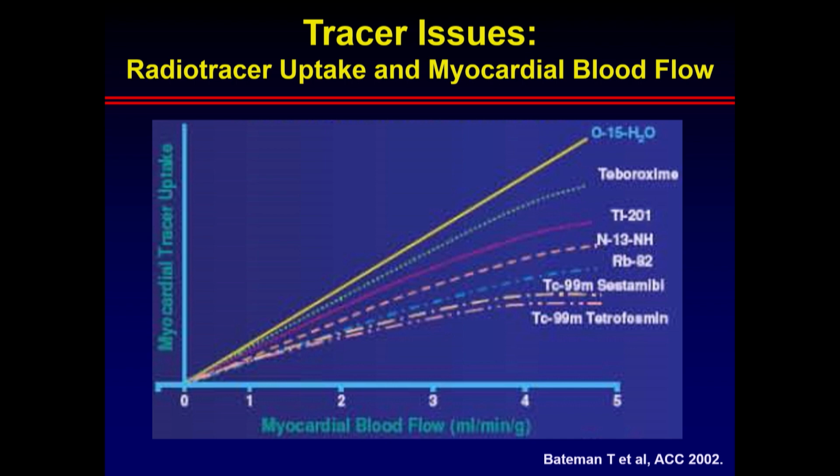But if you look at all of our other tracers, look at rubidium. Rubidium has rollover at higher flows. Thallium has rollover. They all have rollover. Especially the technetium agents like sestamibi and tetrofosmin, they all have rollover at high flows, and that can actually limit your ability to detect perfusion defects.